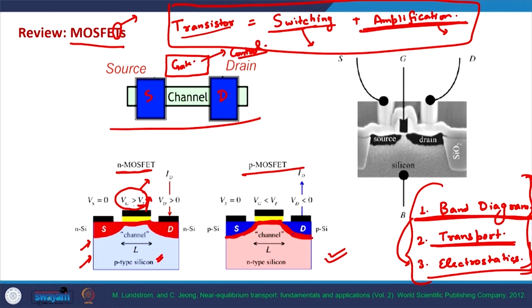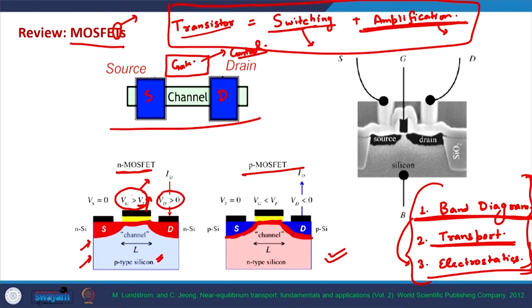If the gate voltage is less, there won't be this inversion layer, and the electrons will not go from the source to the drain, or the current will not flow from the drain to the source when we apply a drain voltage.